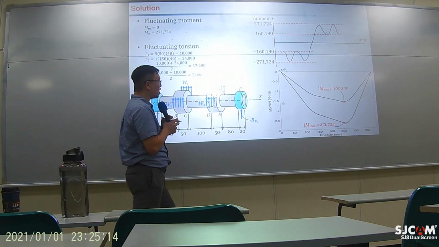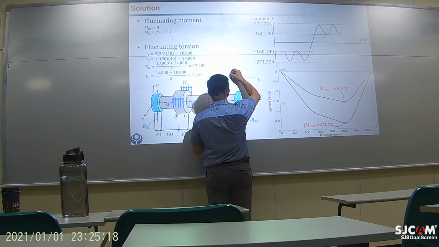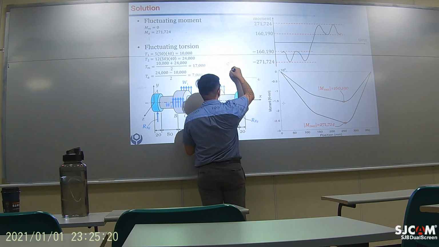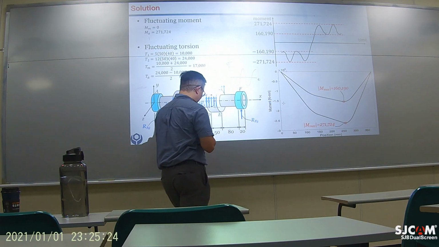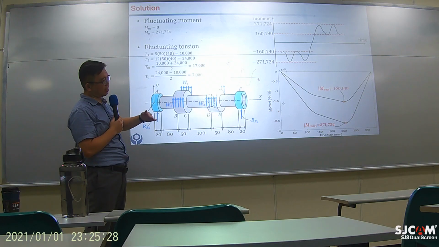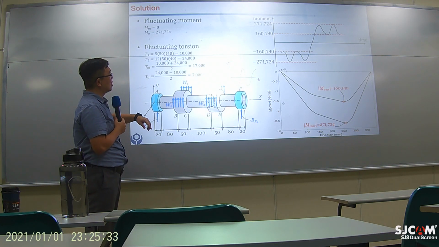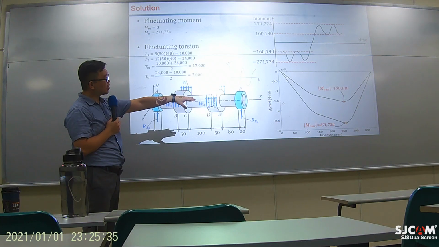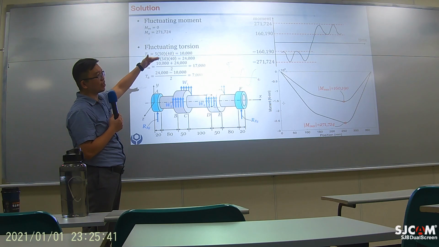So without fluctuation, that particular point will be experiencing some kind of stress variation along time, like this, positive, negative, positive, negative, because the shaft is rotating. However, because of the fluctuation of the bending moment, the stress level goes up and down.